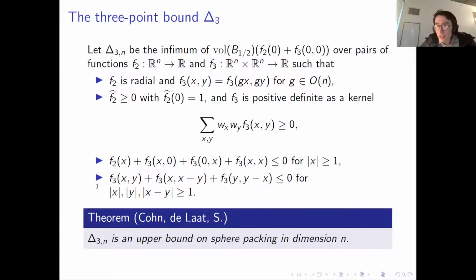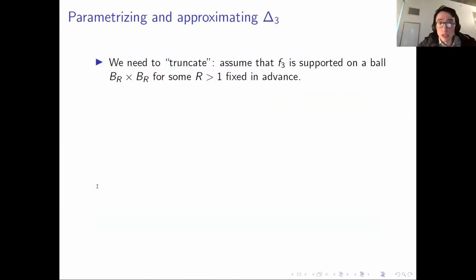If you parameterize F3 by some polynomials times Gaussians and try to satisfy this inequality over all space, you won't get any feasible solutions. What we found we had to do is truncate the three-point function by the indicator function of a ball across a ball in order to actually get feasible solutions. So that's what we'll do.